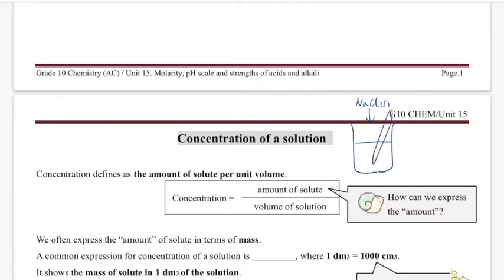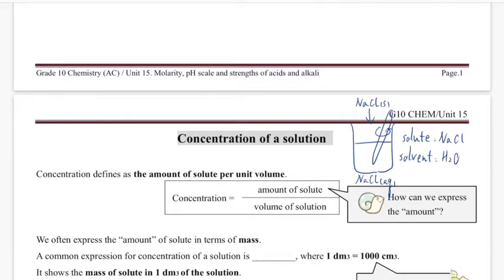After the sodium chloride has dissolved in the water, we get what we call a sodium chloride solution. In this solution, we have sodium chloride as the solute, so that's the thing that we put in. And we have water as the solvent.